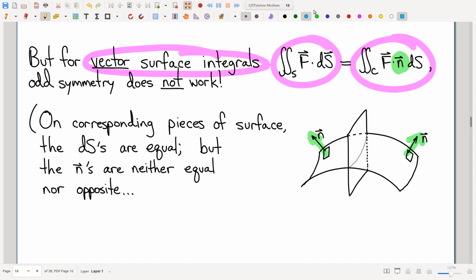The dS areas are, right, that little piece of area and this little piece of area, those can be the same. Yeah, sure, no problem. If you split it up the right way, that makes sense. But the normal vectors are just different. Game over, we lose. So, landmine. Please don't try to use an odd symmetry theorem for vector surface integrals. Does that make sense?